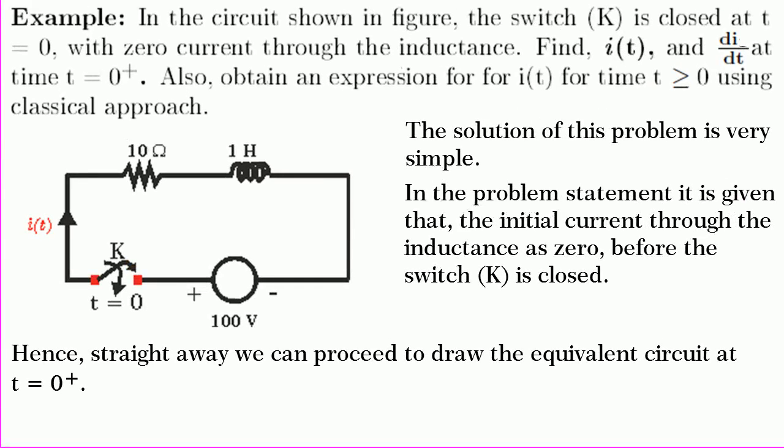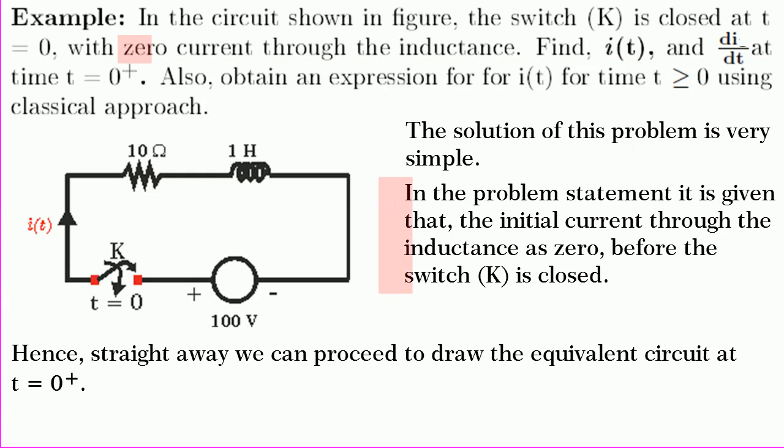Friends, finally, let us solve a very simple problem to find I of t and di by dt at time t is equal to 0 plus, and also we have to find the complete solution for I of t for t greater than or equal to 0 using classical approach.